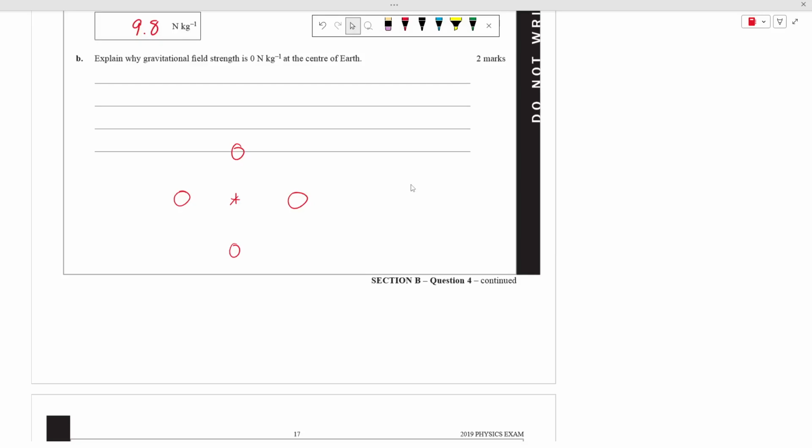The gravitational field from each of those masses will cancel out. So I guess you could just say that the sum of the gravitational field provided by all of the mass in Earth just cancels out to be 0.